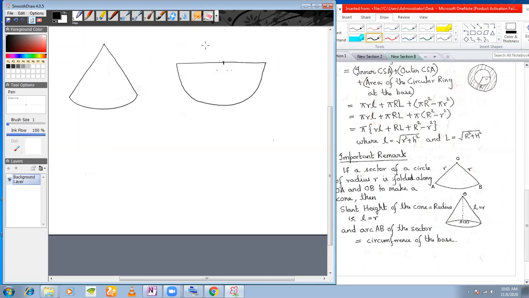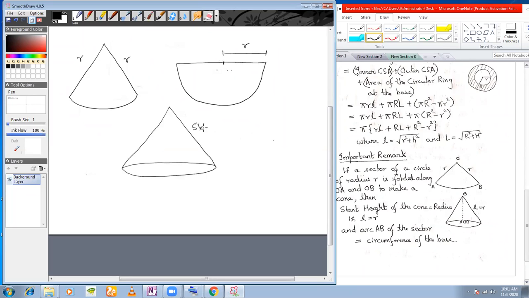So in that video, you see that this is the radius here, whether it is a sector of a circle or whether it is a semicircle. When this is made into a cone, then what happened?